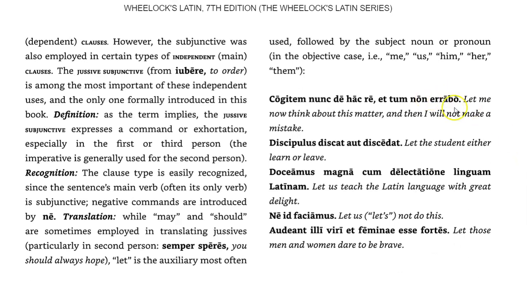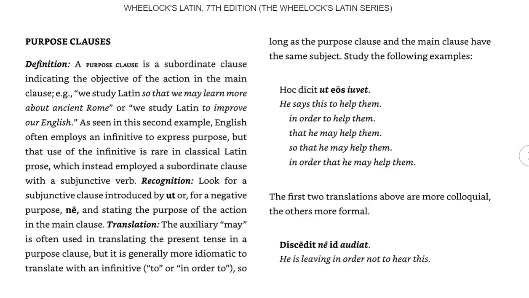And indeed, the word "let," as your book points out, although it sounds like formal English, is the best way to be most successful with this topic. So when you have a jussive subjunctive, use "let" as the way to translate it. Purpose clauses, as you can see, there are many ways to translate.